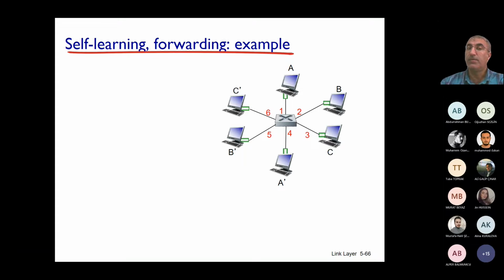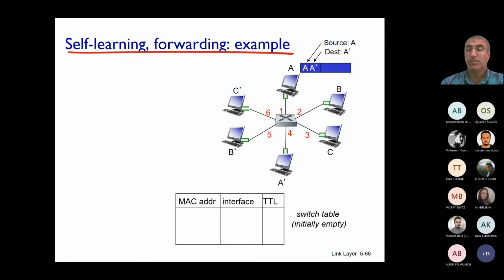Let's look at an example of self-learning and forwarding. Assume that node A in the network is trying to send a frame from A to A prime. So this is the switch forwarding table.